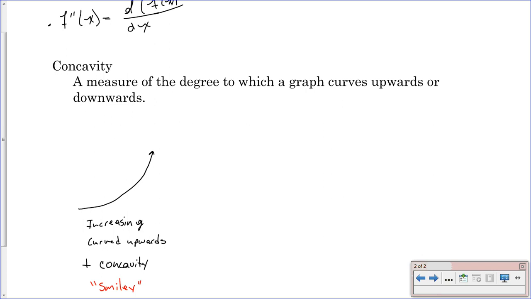Now, if you have a graph that looks like this, this is also increasing, but this is curved downwards. And it has a negative concavity.